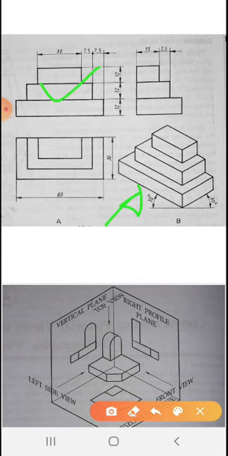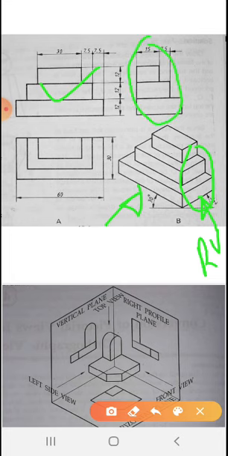If the object has to be seen from the side, this is the right view. If the object is seen in the right view, all of it is projected on the left view. So this is the left view.